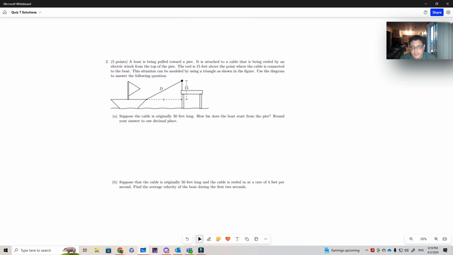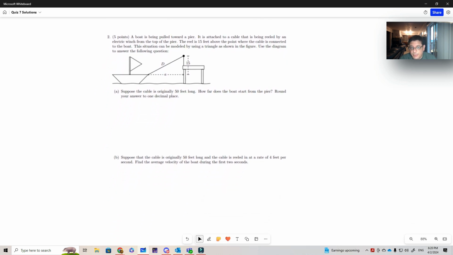Now for question number 2, we have a boat that is being pulled towards a pier, attached to a cable that is being reeled in, and the reel is at a height of 15 feet. So this whole height is 15 feet. Now the cable originally is 50 feet long, so we can calculate with a triangle the distance from the boat. This is A, this is the distance D, which is 50, and this is 15, and we have a right triangle here.